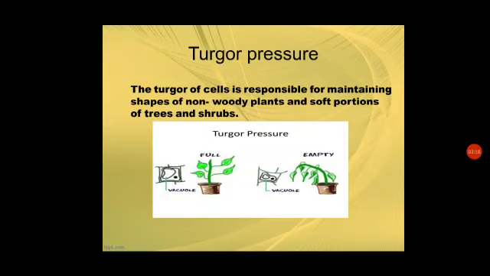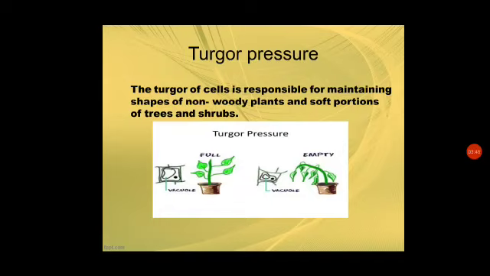So when water enters the plant cell, plant cells have a cell wall and a cell membrane too. When water enters the cells of the plant, it creates a pressure on the vacuole.